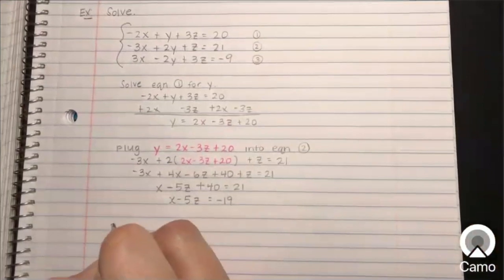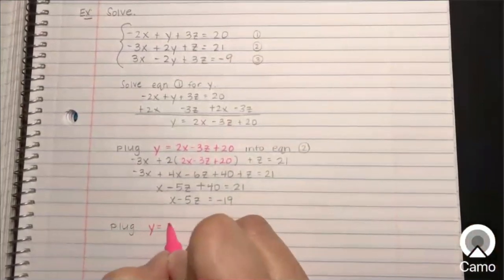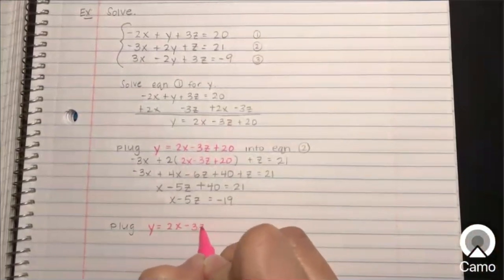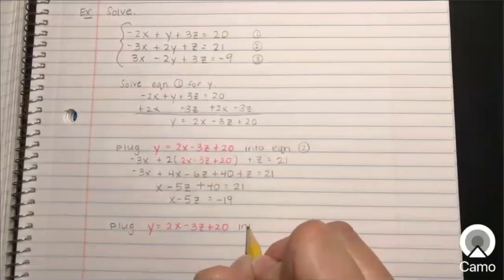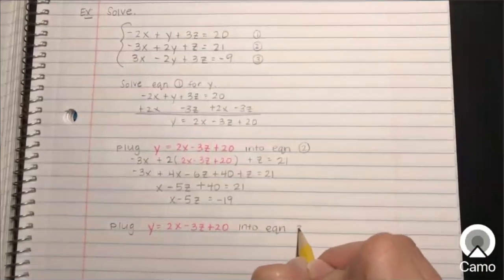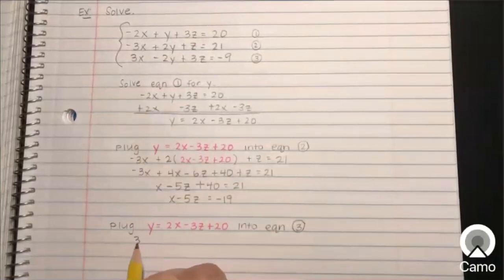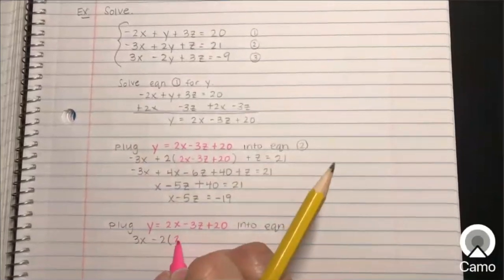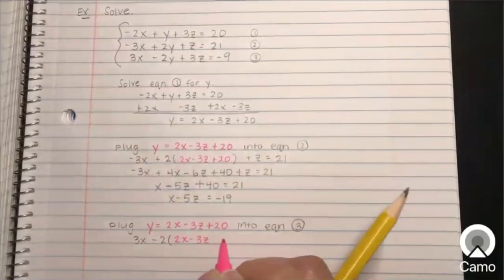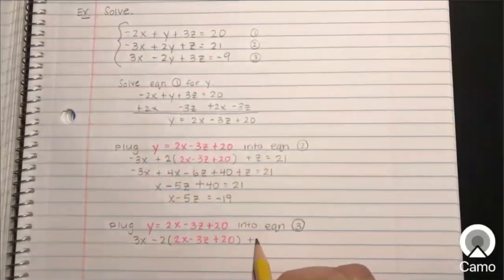So now we're going to plug our y into equation 3. Equation 3 is 3x minus 2y plus 3z equals negative 9.